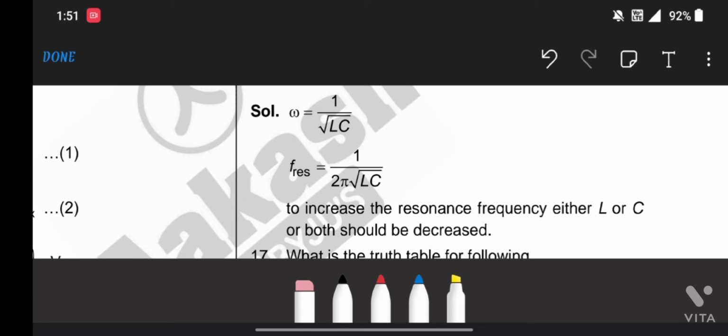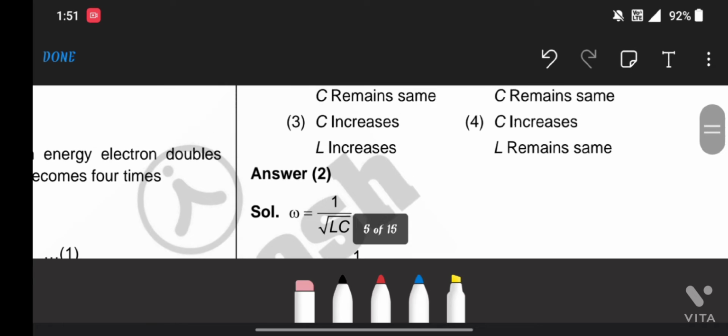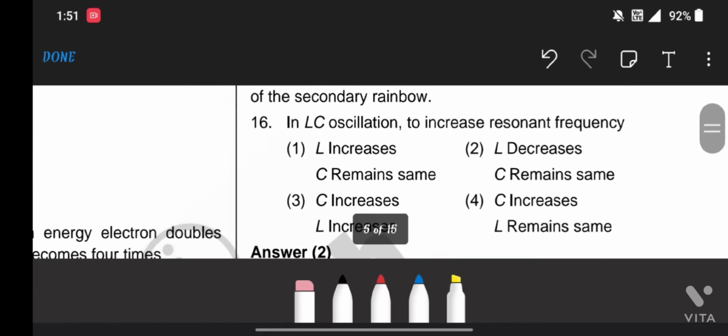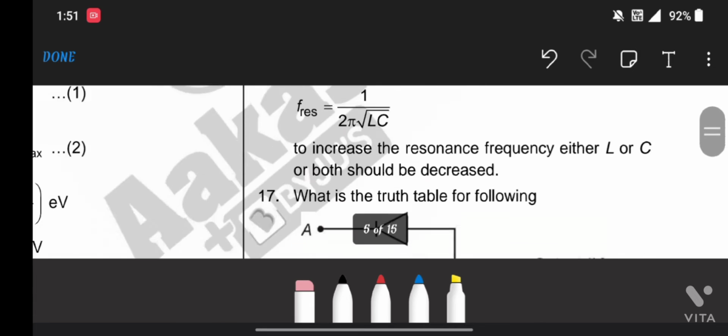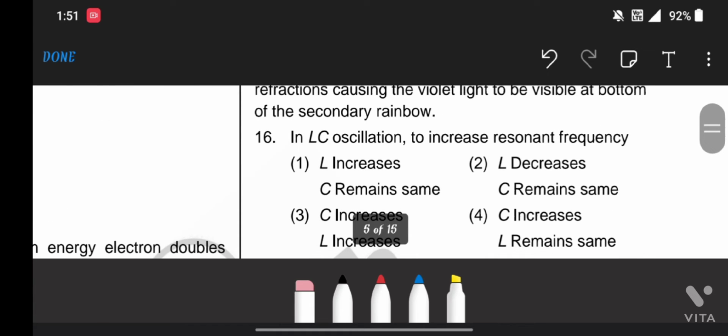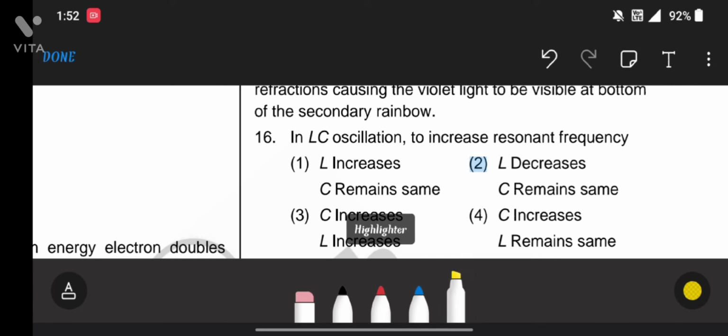So L should decrease, and C remains the same. Therefore, option 2, that is option B, is the correct answer for question number 16.